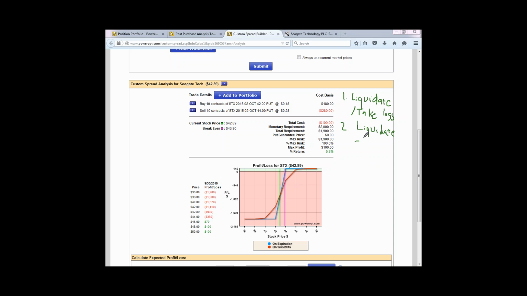Well, if I closed right now, my loss was at 880 for 10 contracts. We're talking here about 88 cents, essentially. So taking in that loss right now on this position, then trying to make it back, the stock's at 42.89, I'm just going to say, okay, I'm going to liquidate, and I'm going to sell lower and further out.